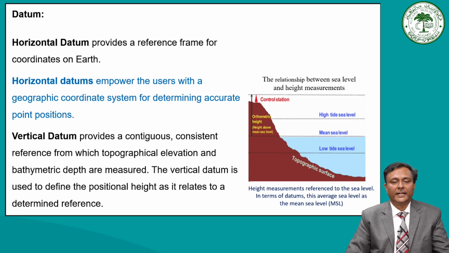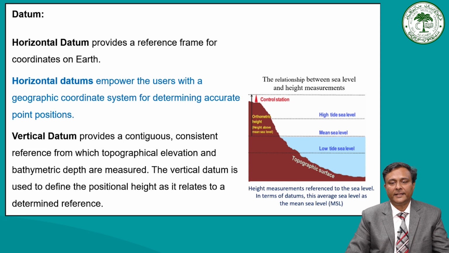The vertical datum is used to define the positional height as it relates to a determined reference. So height measurements reference the sea level in terms of datums, where the average sea level, which is called mean sea level, is taken into consideration. But this sea level also has different possibilities.